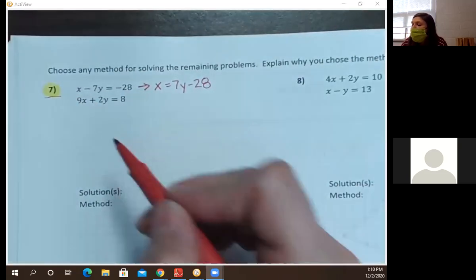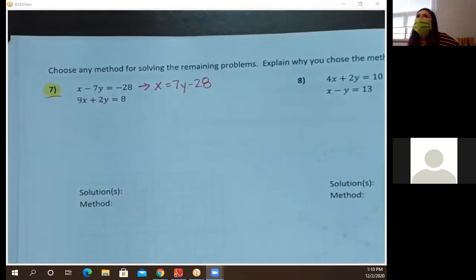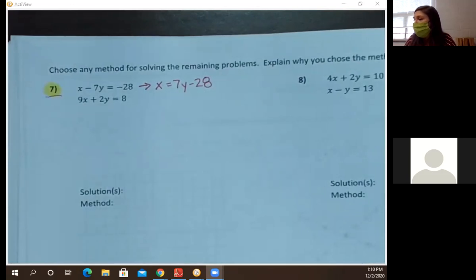And now I want you to go ahead and solve this one. If you want to use substitution, use substitution. If you prefer to use elimination, you can go ahead and use that strategy.